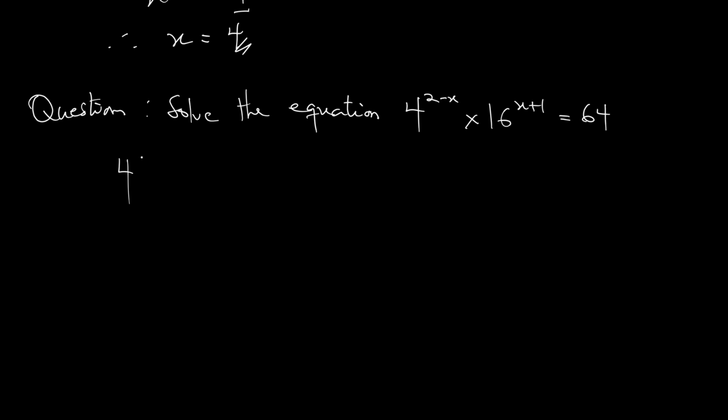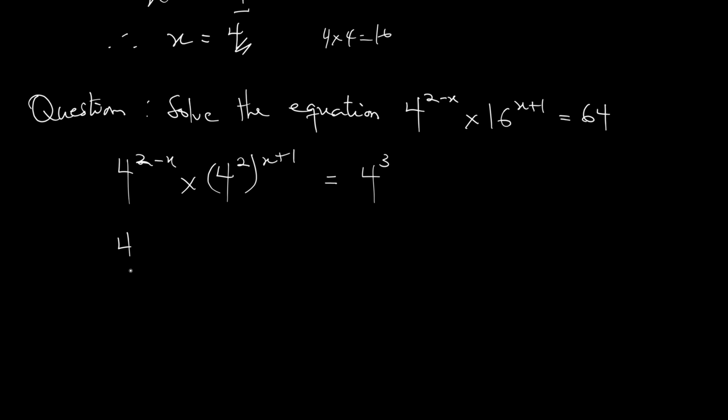So 4 raised to the power 2 minus x times, now expressing 16 in the base of 4 is 4 raised to the power 2, since 4 raised to the power 2 is 4 times 4, and that is equal to 16. So 4 raised to the power 2, all raised to the power x plus 1, is equal to 64, which can be written as 4 raised to the power 3. This is just expressing the numbers as numbers with powers or exponents.